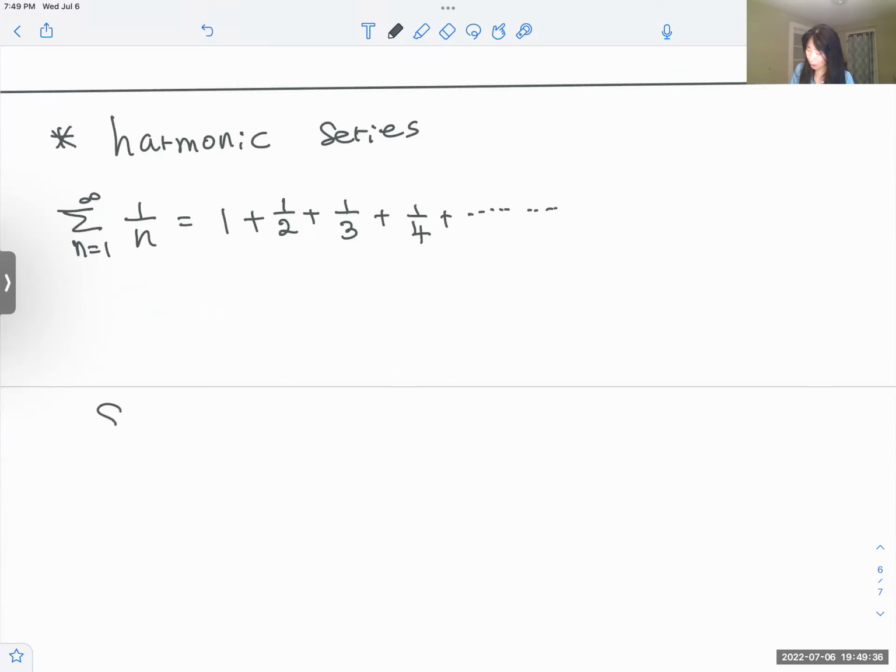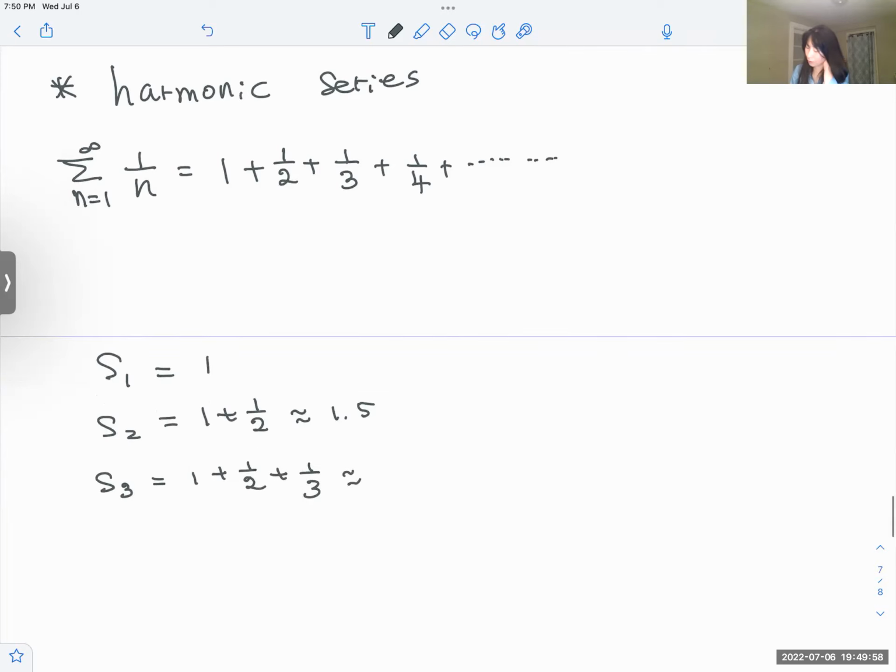S of 1 is 1. S of 2 is 1 plus 1/2, which is 1.5. S of 3 is 1.5 plus 1/3, which is 1.83.